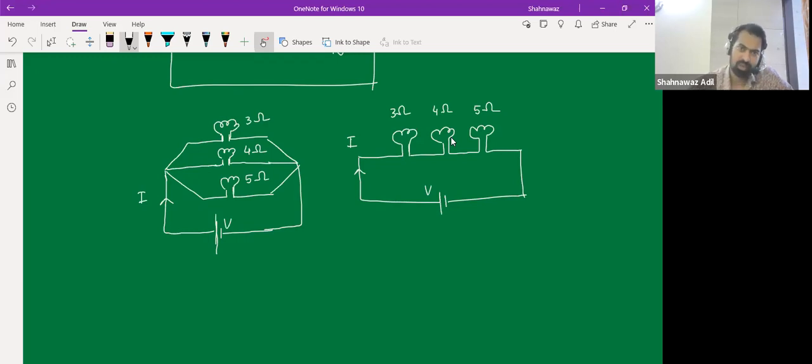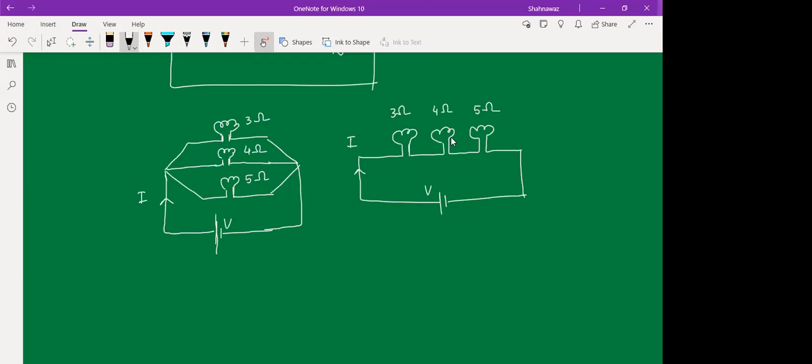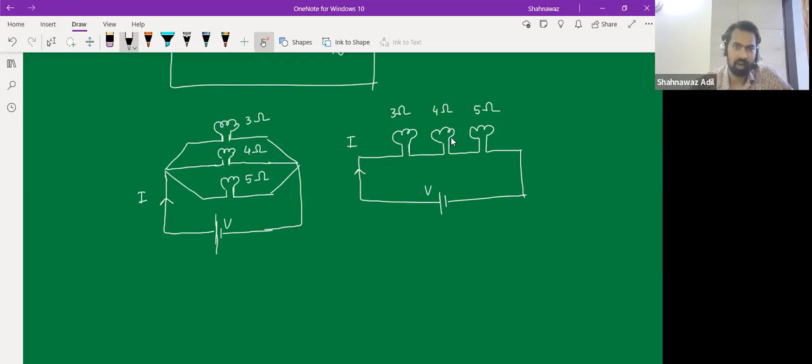So what do we calculate? Power, right. So we calculate power. In these two situations, we have to calculate power, and whichever has the higher power will glow brighter, right?